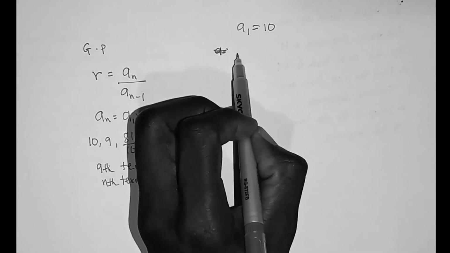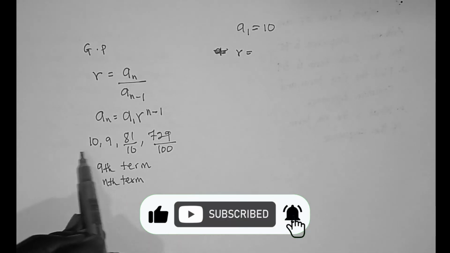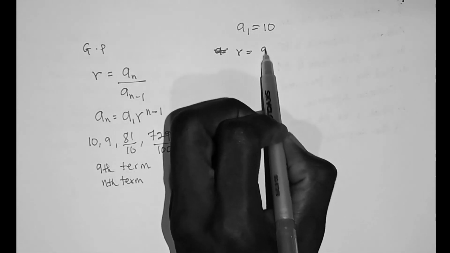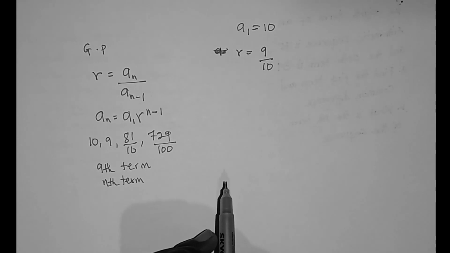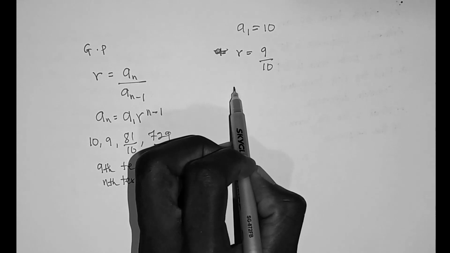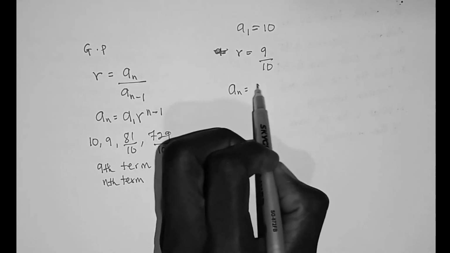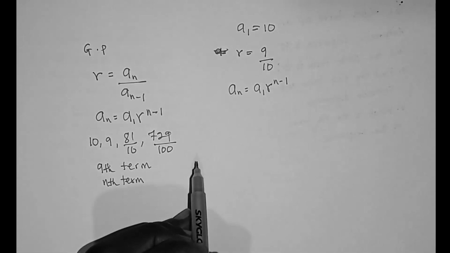Let's find the common ratio R. The common ratio R equals the second term divided by the first term, which is 9 divided by 10. So the formula for finding the nth term of a geometric sequence AN is equal to A1 times the common ratio exponent N minus 1.